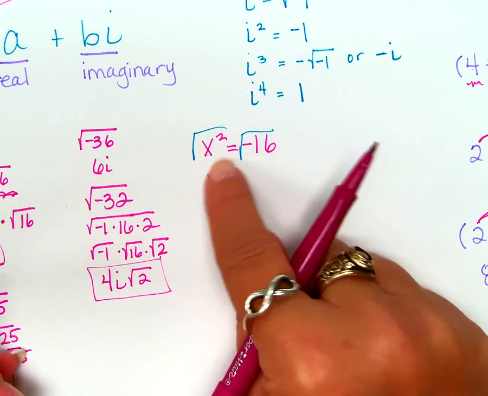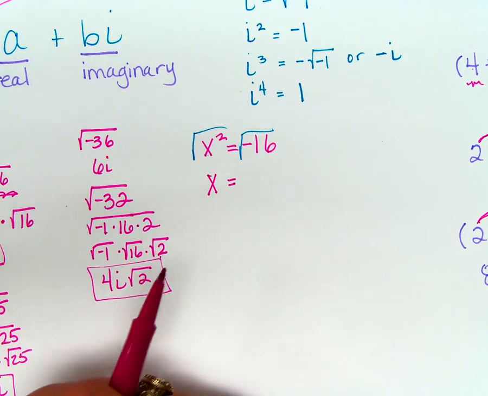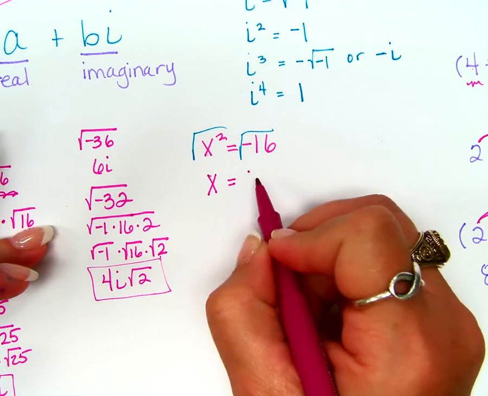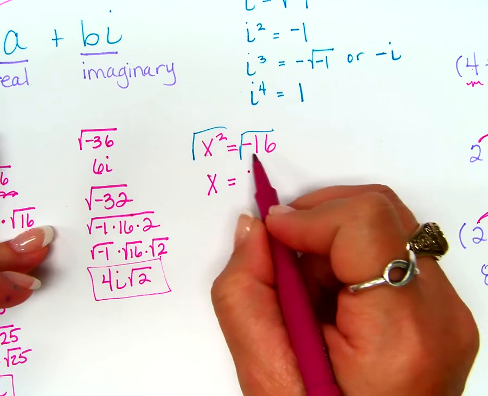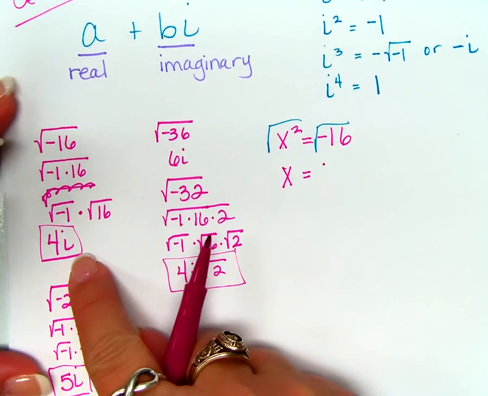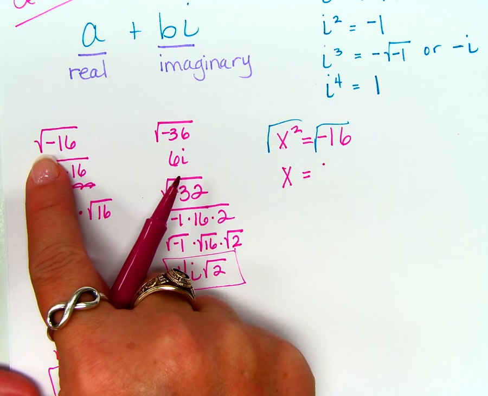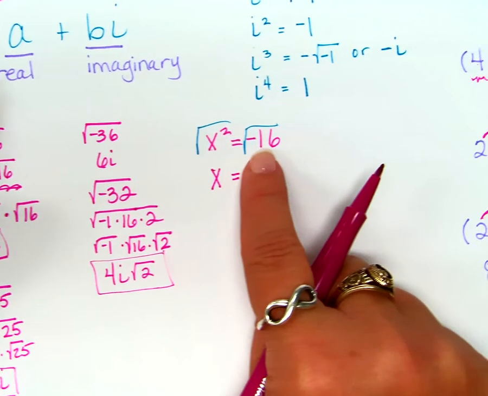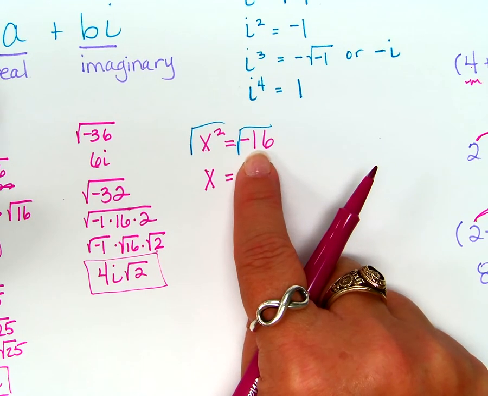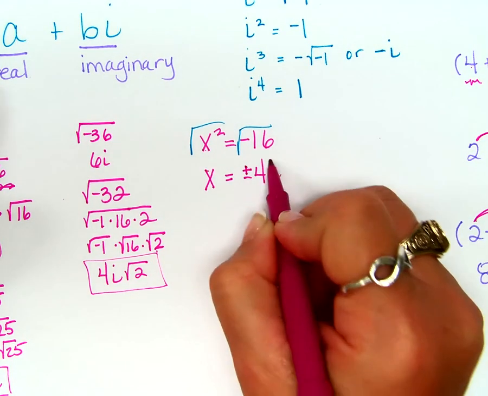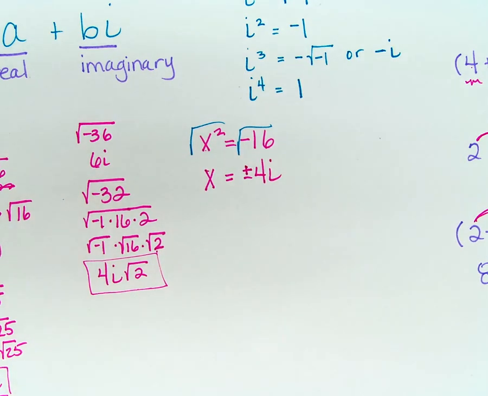How many solutions should I have to this? So what are my solutions? I know it's got to have something to do with 4i because I did that over here, right? But here's the difference. Who put this radical sign in the problem? It was already there. Who put this radical sign in the problem? So what do we have to remember to write? Plus or minus. And those are my two solutions. Okay, do you see the difference? Yes.